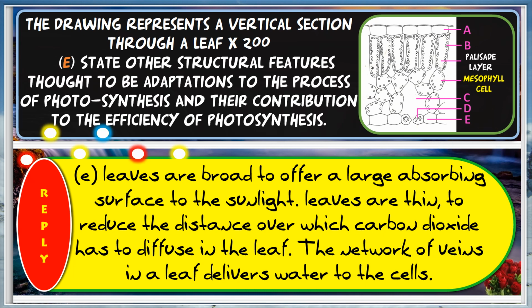Leaves are thin to reduce the distance over which carbon dioxide has to diffuse in the leaf. The network of veins in a leaf delivers water to the cells.